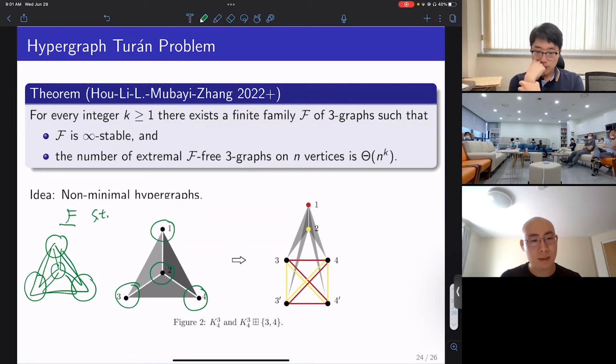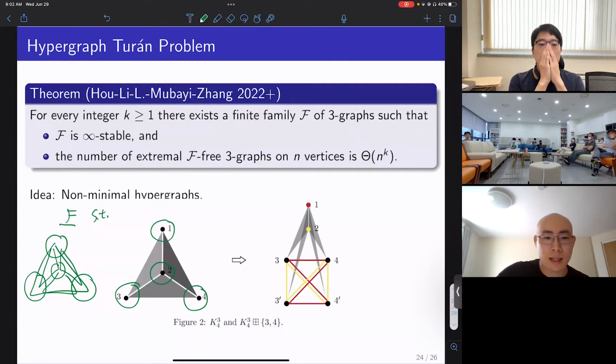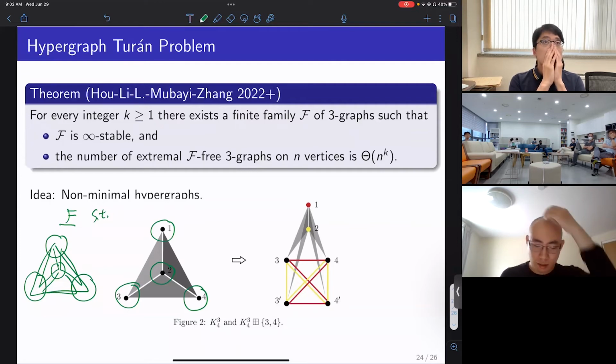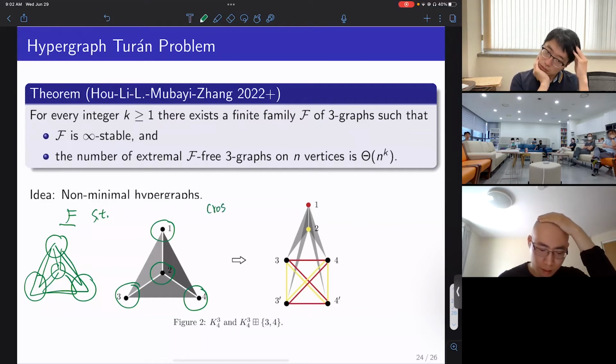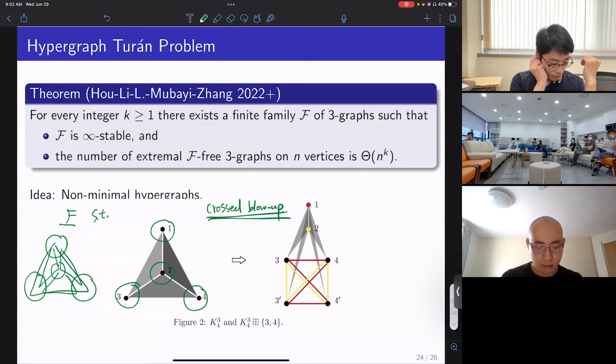But this only gives you one extremal construction. So how do you create infinitely many from this? What we found is that if you twist this F-free family a bit, then you can find infinitely many extremal constructions. We call this operation crossed blow up. I already mentioned the blow up.